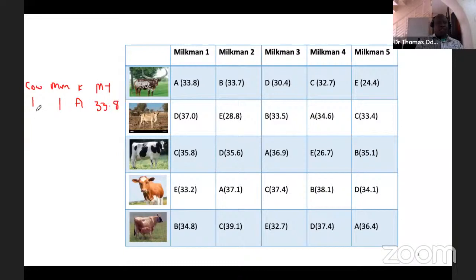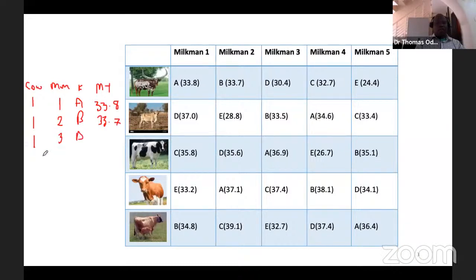And then we go to cow 1, milkman number 2, treatment B, a value of 33.7. And then we go on, cow 1, milkman number 3, and the treatment is D.